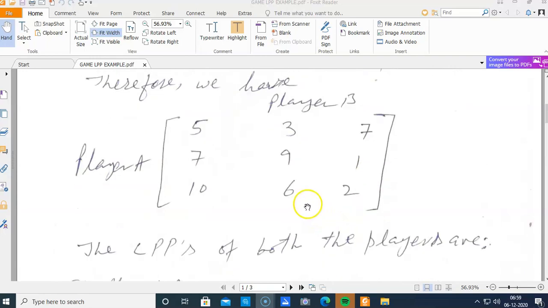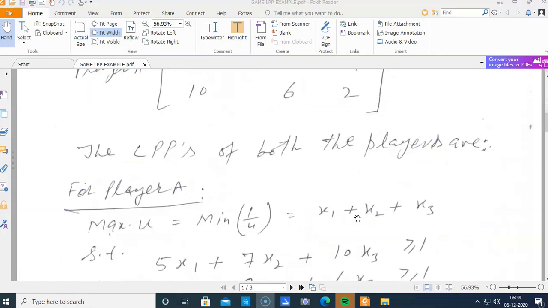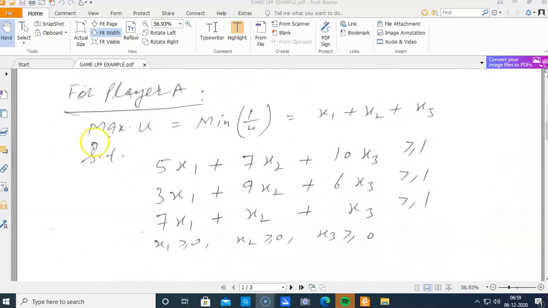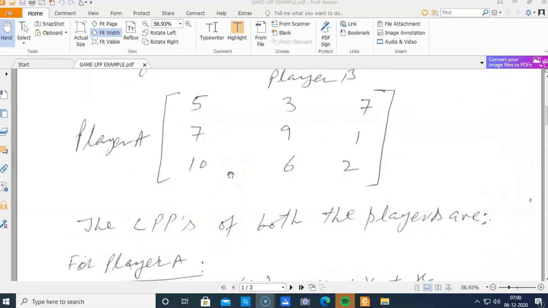Now the LPPs of both the players are, for player A, maximize U, which is minimize 1 upon U, is equal to x1 plus x2 plus x3, subject to the constraints. The coefficients of player A's constraints will be written column wise, you can see here 5, 7, 10.